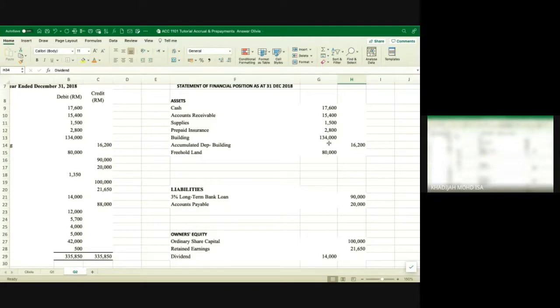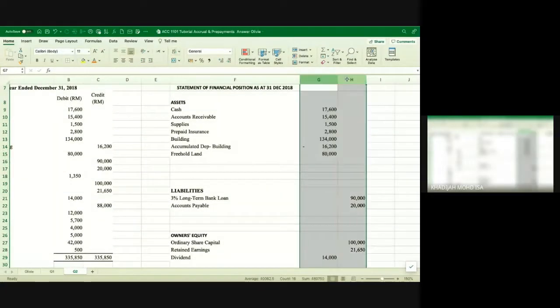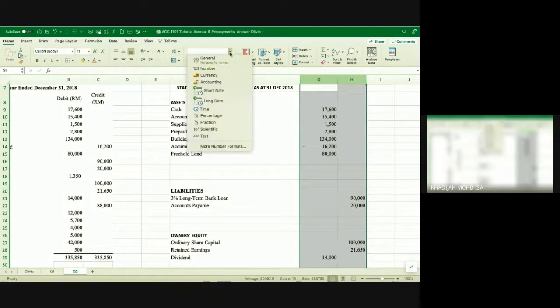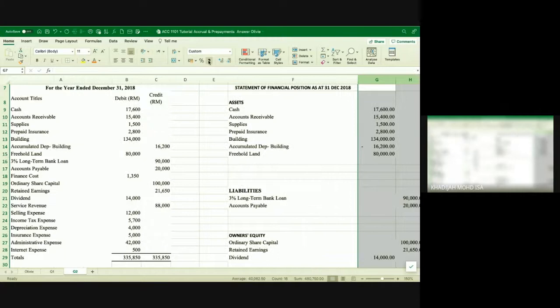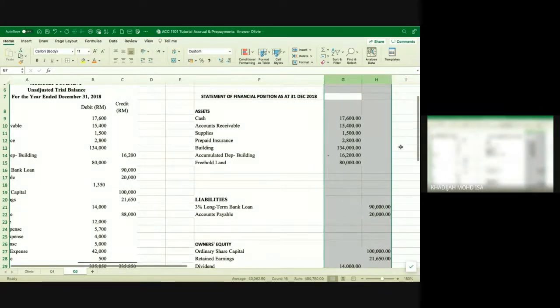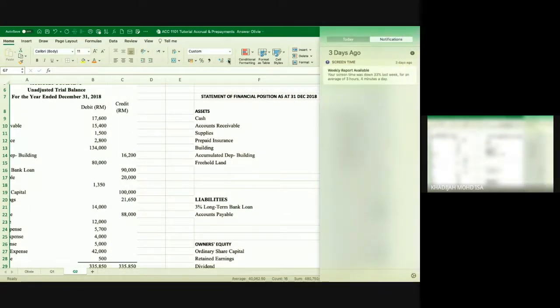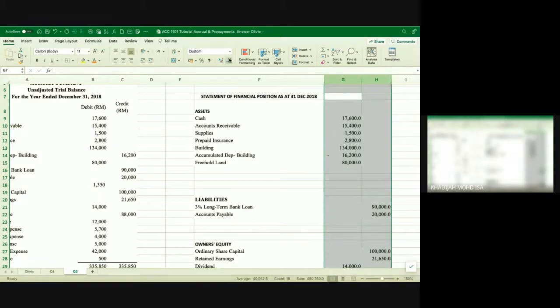But for accumulated depreciation, instead of putting that in another column, I want you to put it like this, but instead of positive, you put it into negative, right? And if it's in Excel, you want it in number format, with a comma, and you don't want the 00 at the back.